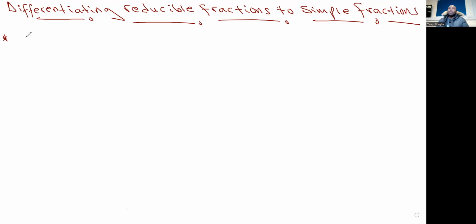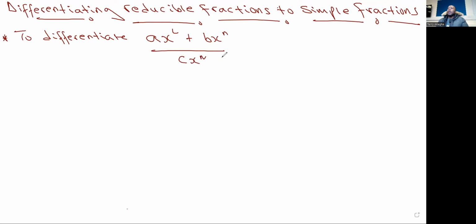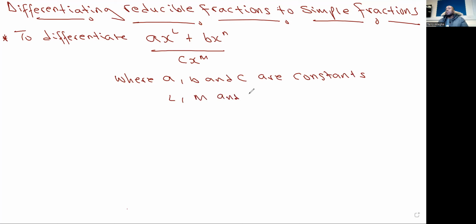Let's assume you were told to differentiate a particular fraction, let's say ax raised to the power L plus bx raised to the power n over cx raised to the power m, where a, b, and c are constants, and L, m, and n are powers.